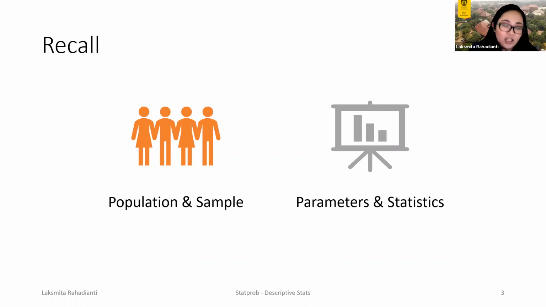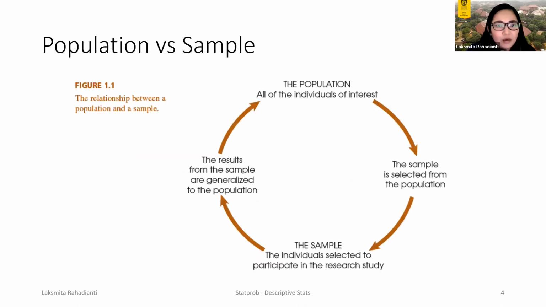But I cannot study every single Indonesian person, so I must take a smaller sample to study. And parameters, if you recall, a parameter is to a population what a statistic is to a sample. That means when I measure the height of people in my sample, I obtain a statistic. But when I say the mean height of all Indonesians, I'm talking about a parameter.